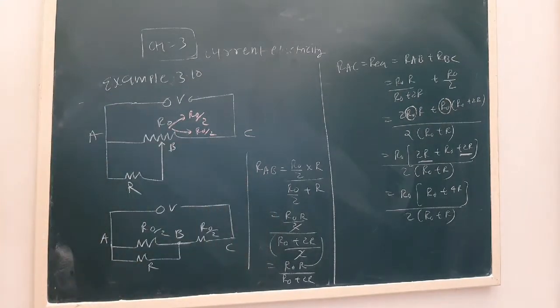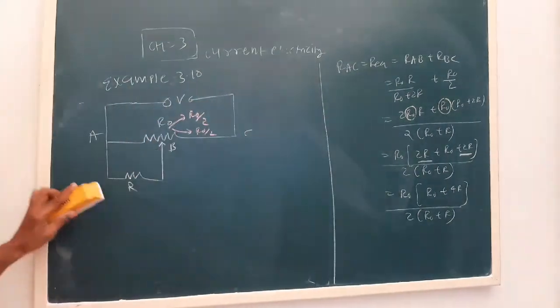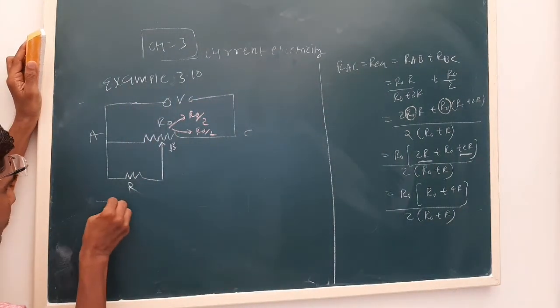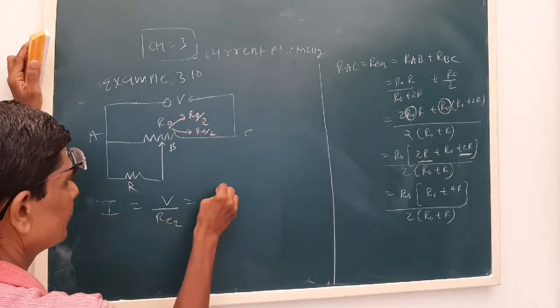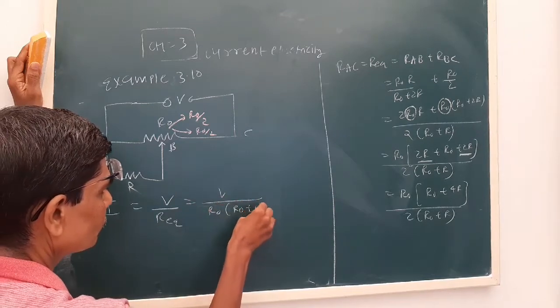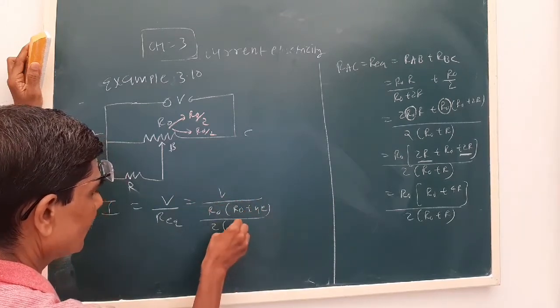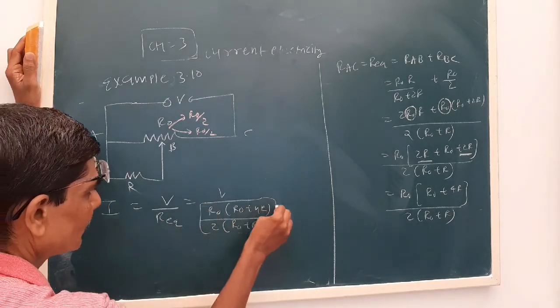Now we have to obtain the current. I is V upon R equivalent, V upon R0 plus 4R upon 2R0 plus R. Now this is the total resistance of the circuit.